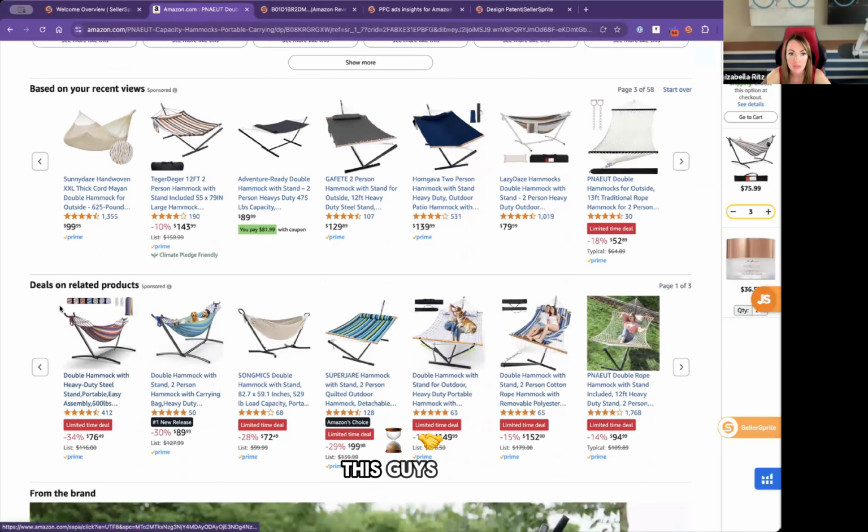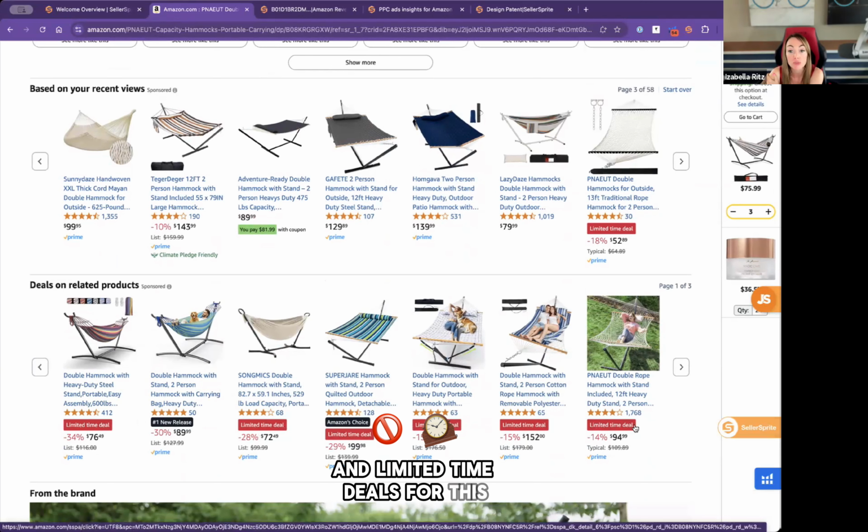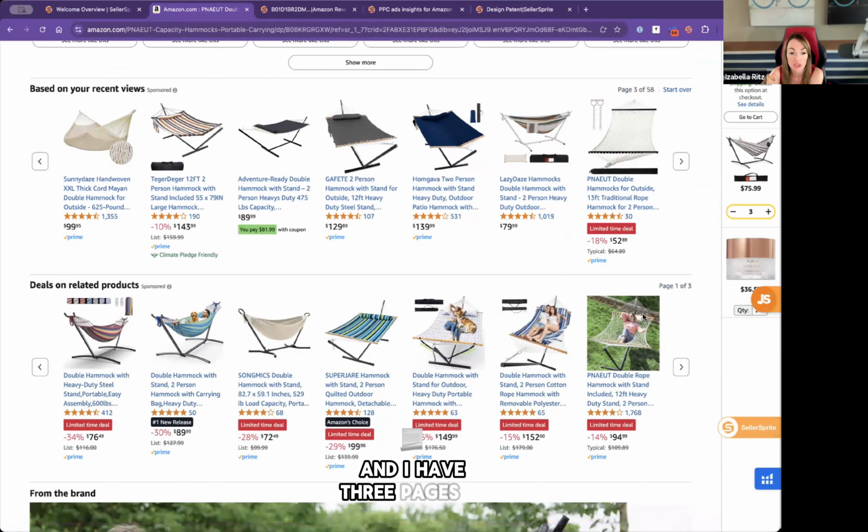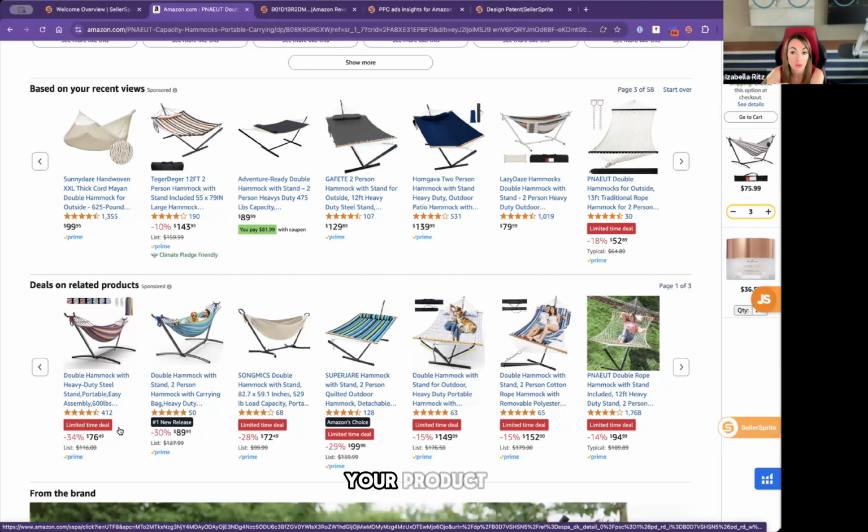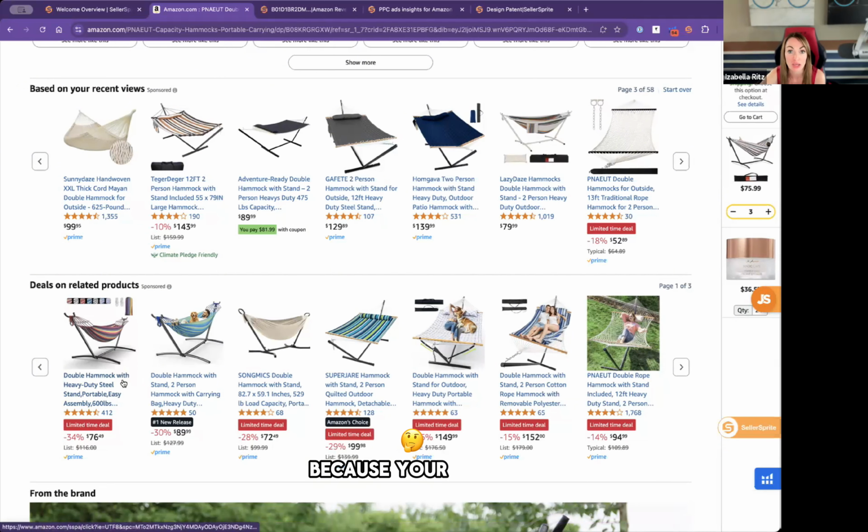Now deals on related products. Amazon released a new thing where you can see new releases and limited time deals for this product as well. I have 3 pages of limited time deals on this one. So if you're driving traffic to your product, you have to be confident that your product is so strong that no one can take traffic and your client, because your client will be really in love with your specific product.